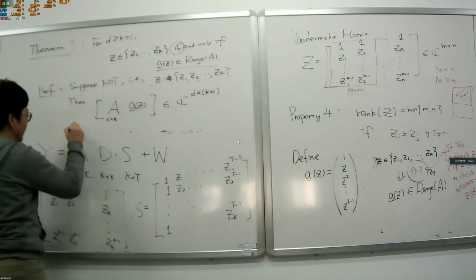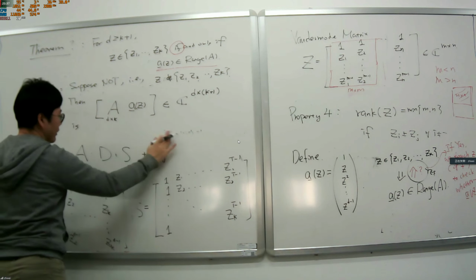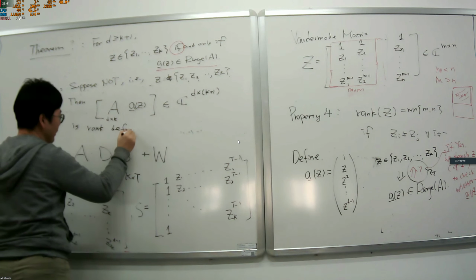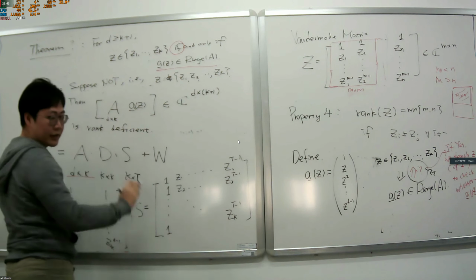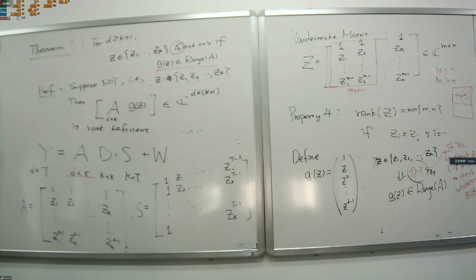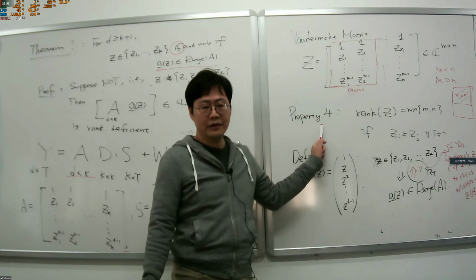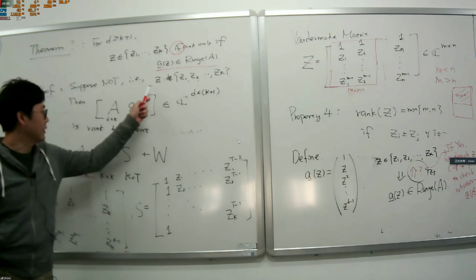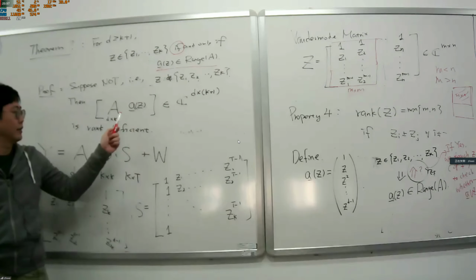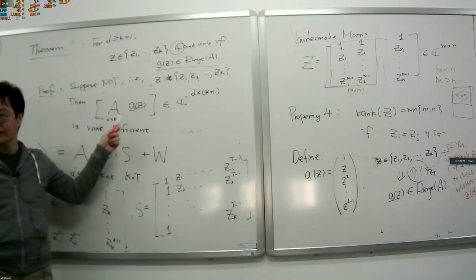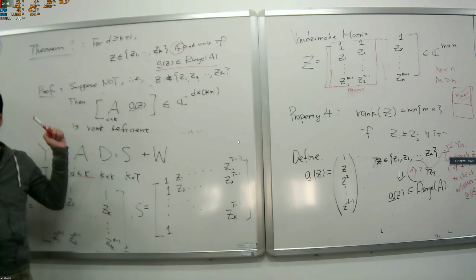But this contradicts property 4, because Z is not one of the Z1 to ZK, so this should be full rank.